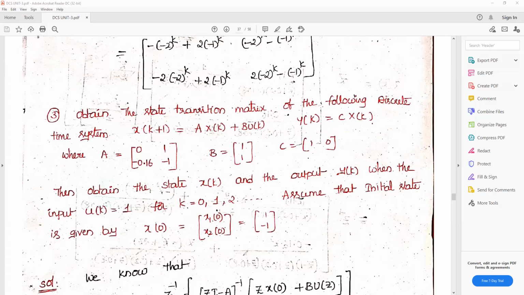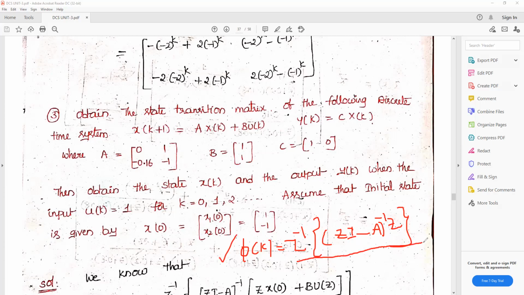The state transition matrix, phi of k, is equal to z inverse of (zI minus A) whole inverse into z.